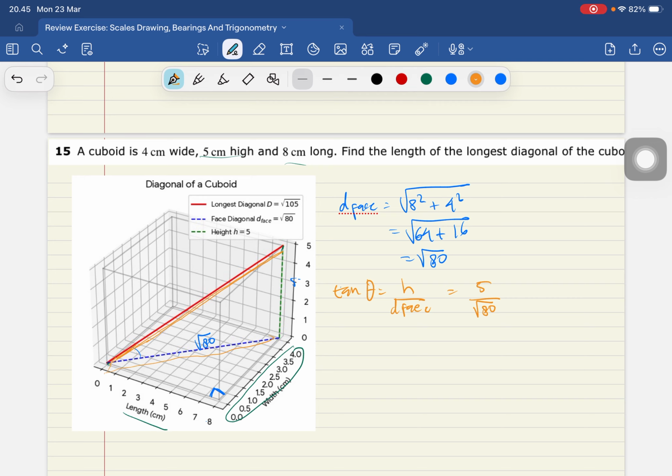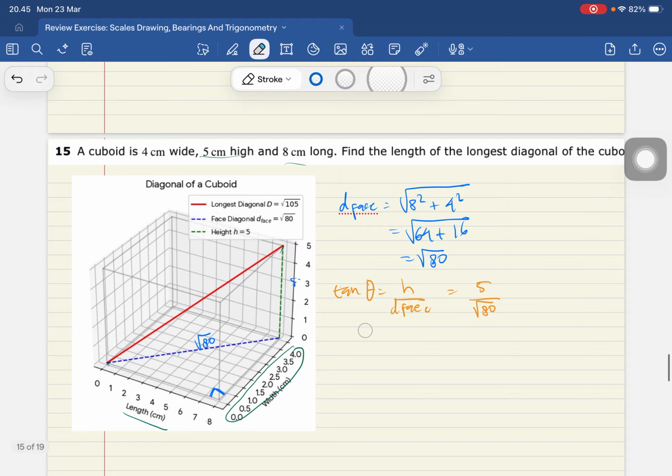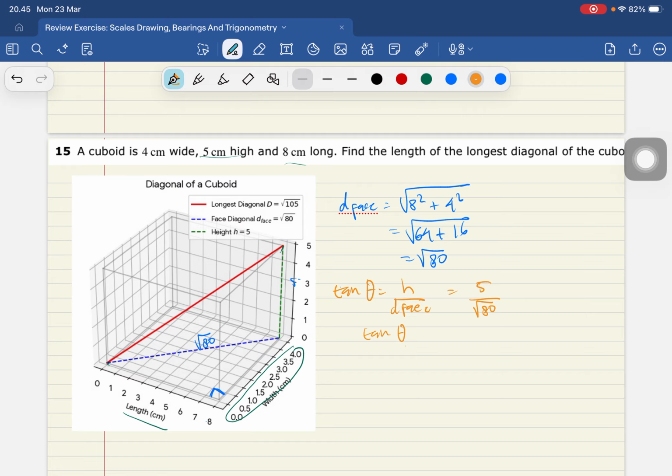The degree also I need to find first. Moment. So if this is 5, use a calculator, 5 divided by square root of 80. Okay, so tan theta, or let's make it inverse.